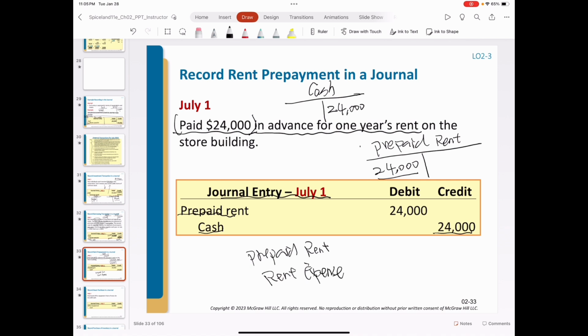Their difference is that this is an expense. This represents the consumption of the resources. Right now, on July 1st, on the first day of the lease, because rent is a function of time, no lease expense is incurred. We only recognize 1 month of lease expense by the end of July. But now we are on the first day.